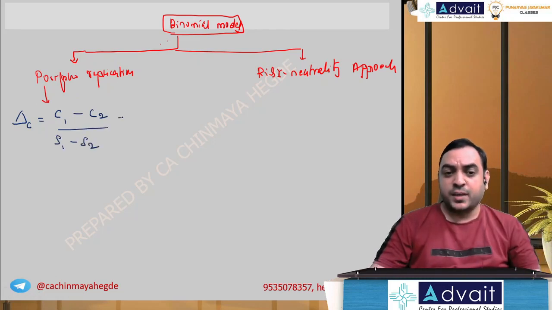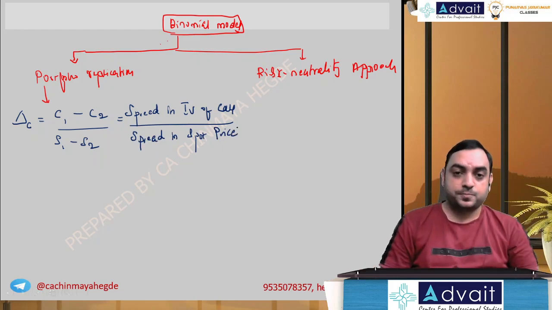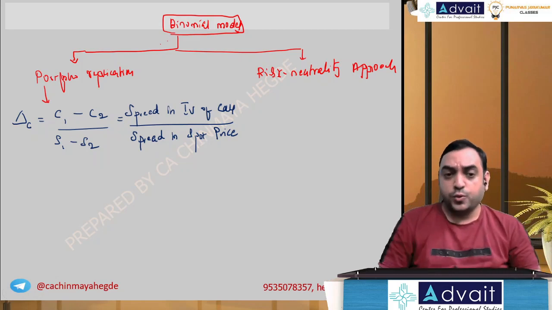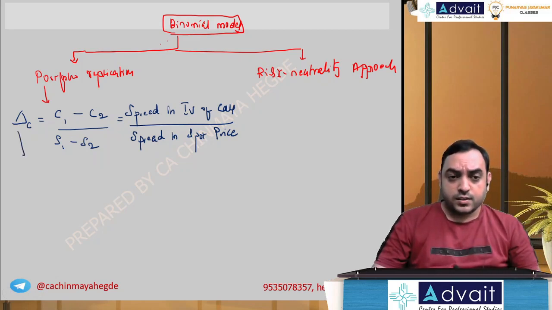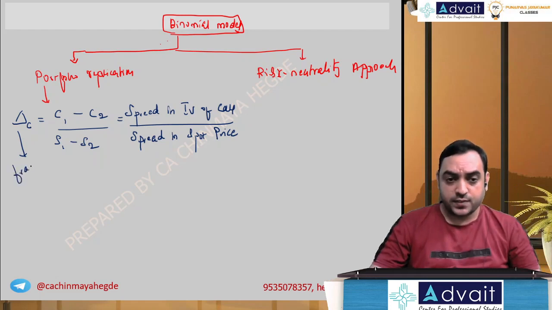So basically C1 minus C2 is the spread in intrinsic value of the call option divided by the spread in spot price. So basically delta will tell you, it's a fractional share, you can say. You can understand it as fractional shares.